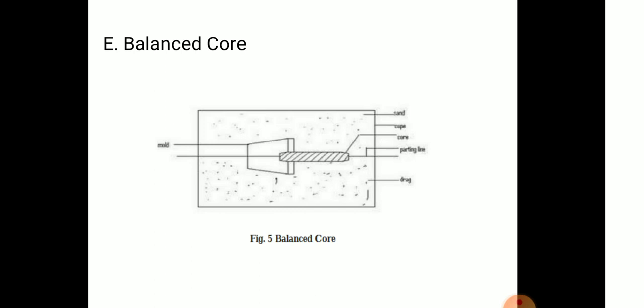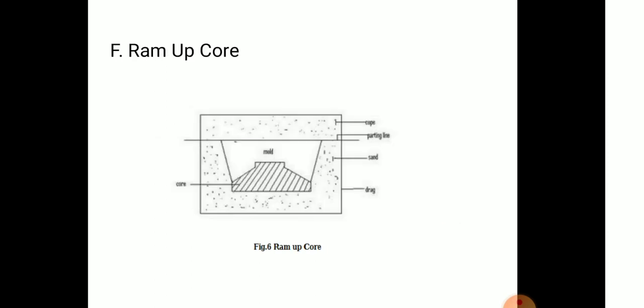The core length should be long enough so that sufficient length of the core may be embedded in the sand to balance the weight of the overhang. If the overhang is too much, such balance will not be enough, and the overhanging length of the core will be supported by means of a chaplet. It is used when the casting does not need a through hole or cavity. This is the balance core.